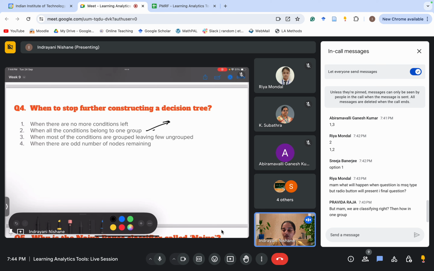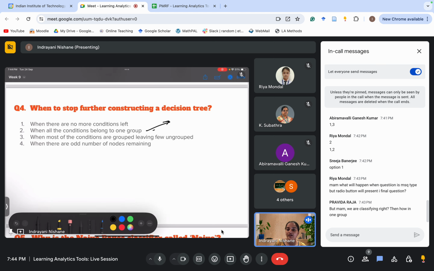Marks greater than 60 will also be part of marks greater than 50. Marks greater than 70 will also be part of the node marks greater than 50. Marks greater than 80 will also come under marks greater than 50. So this is how one condition consists of a group or subgroup of different conditions.